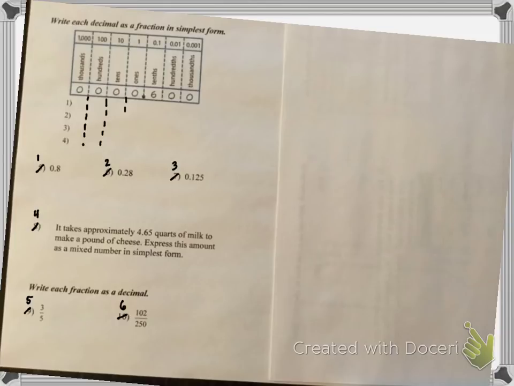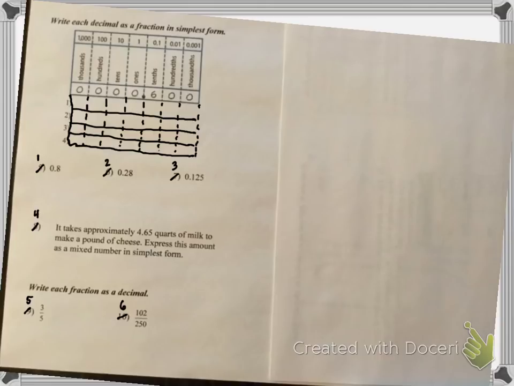We can go thousands, hundreds, tens, ones, and then we go tenths, hundredths, and thousandths. Now, of course, this is going to go right here.